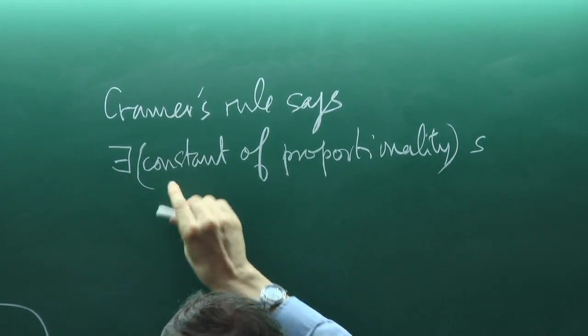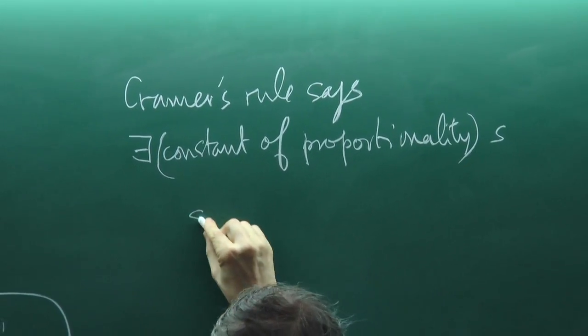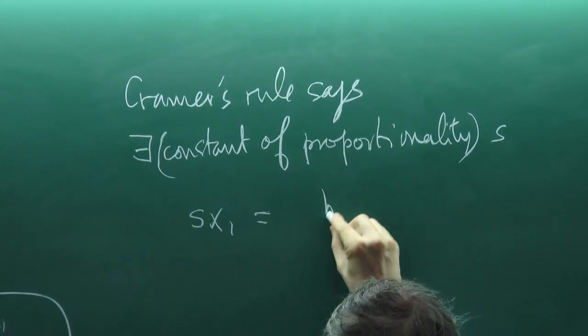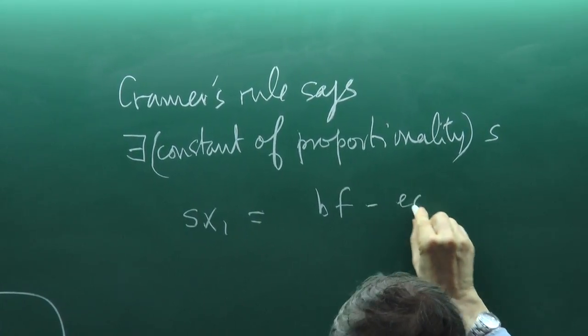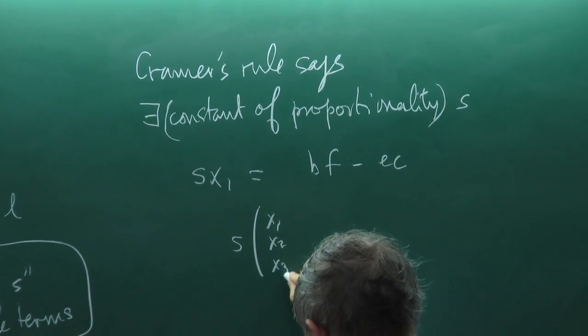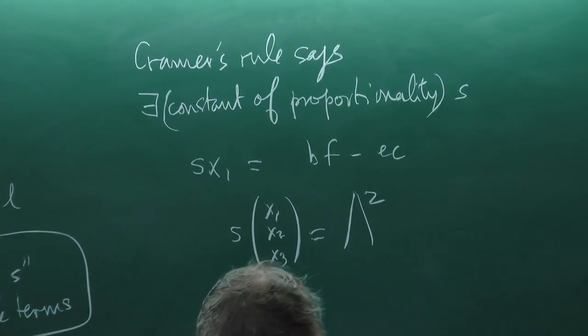So that's just to remind you, this is stuff you did at school, right? So that I've got S x1 equals BF minus EC, or S times (x1, x2, x3) equals wedge 2 of this matrix.